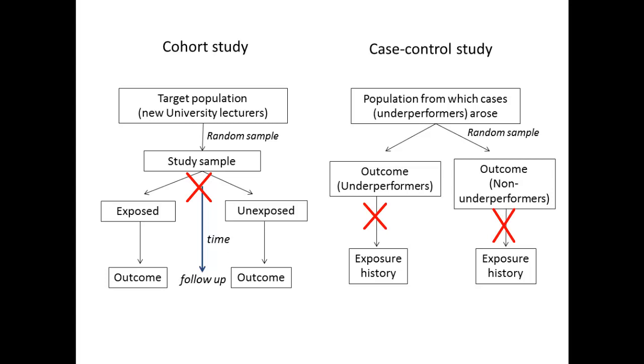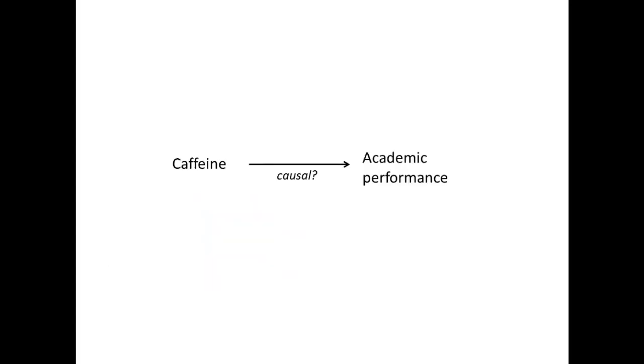And so we cannot exclude the possibility that any association found between our exposure and outcome isn't actually due to some other factor that differs between those exposed and those unexposed. So in our example here, we were interested in whether caffeine intake is causally linked to academic performance.